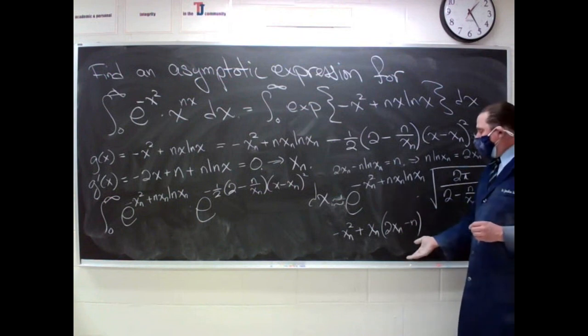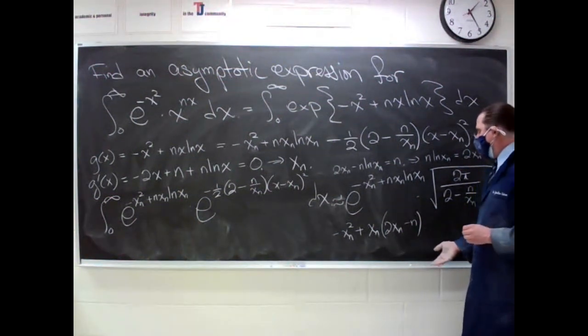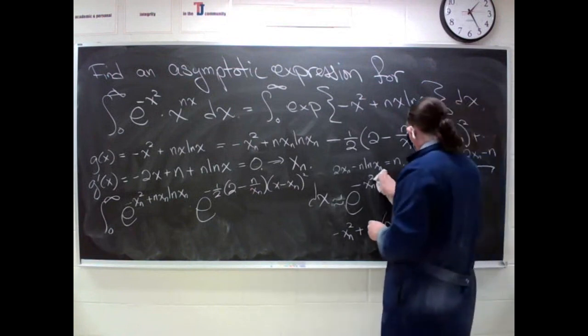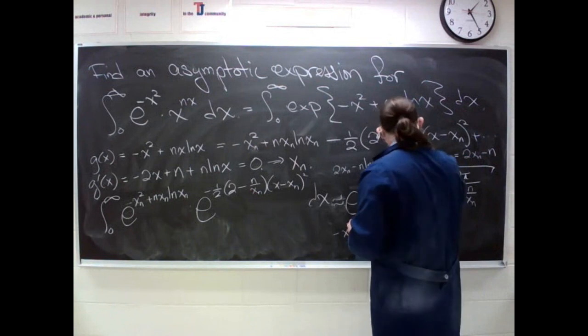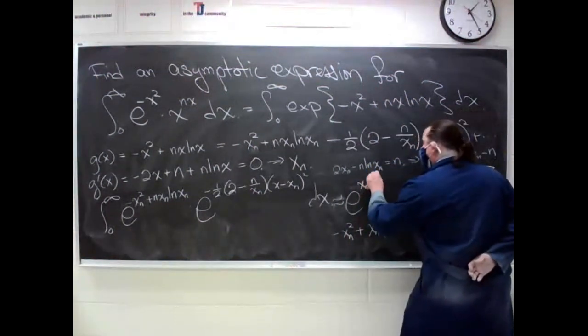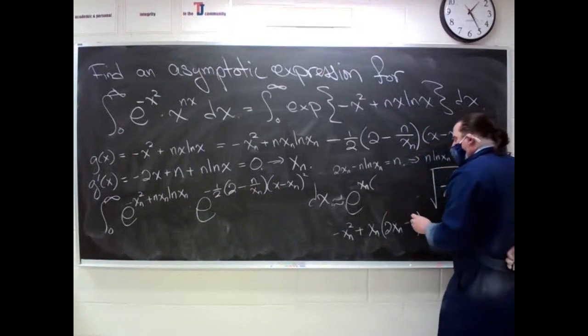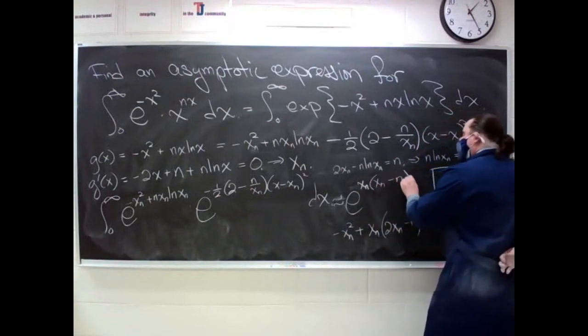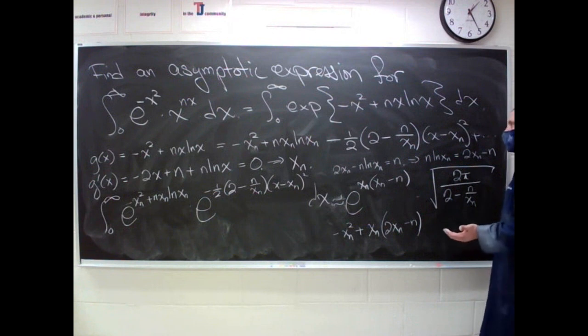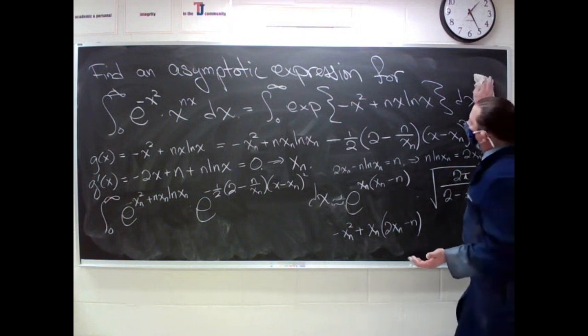So we could modify this by making it e to the xn squared minus n xn, or e to the xn times xn minus n. All right, so this will be our asymptotic expression for this integral.